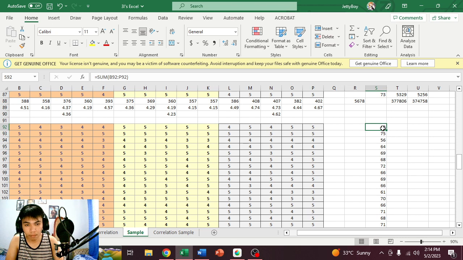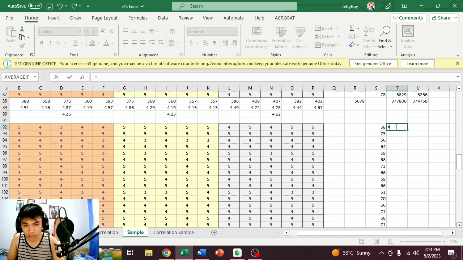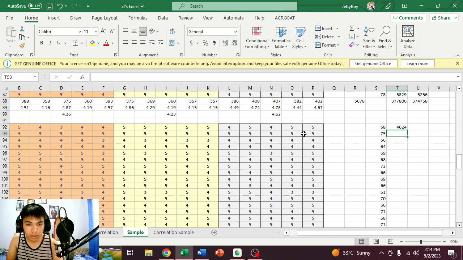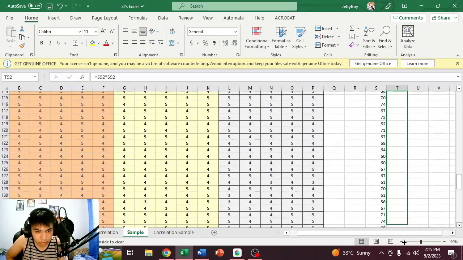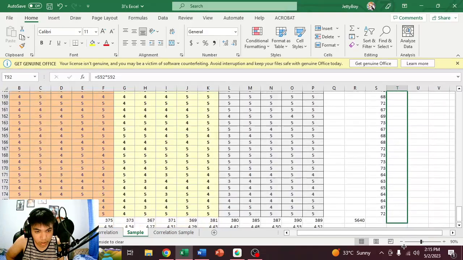Now, again, equal sign. Look at the row number in the cell. That's 92 times that. So 68 squared is 4,624. Now drag this down again. Okay. Until we get to the end.